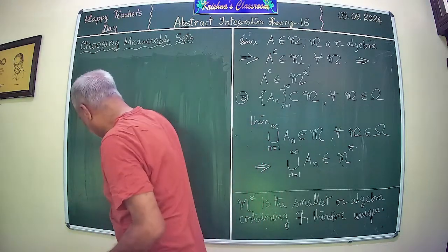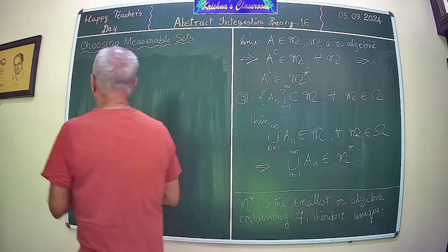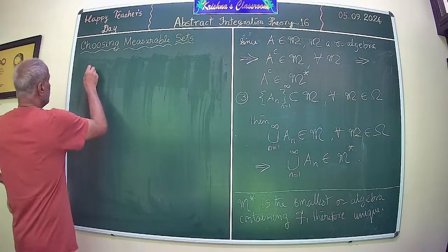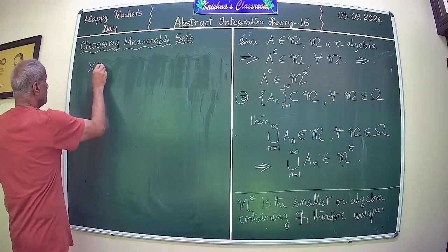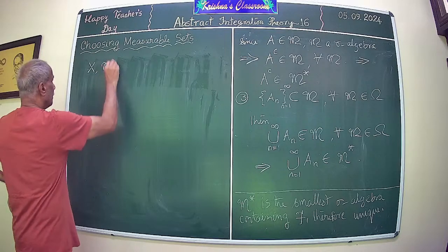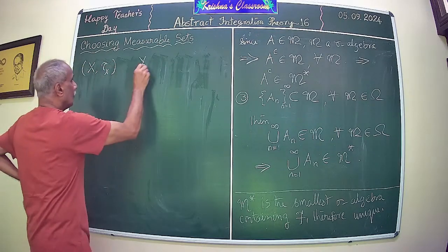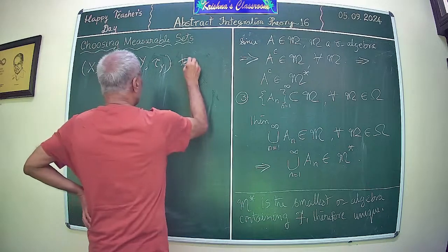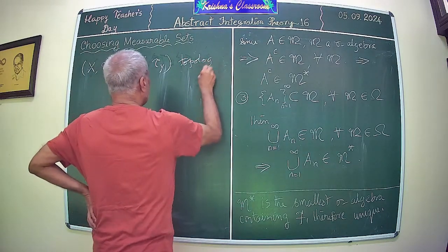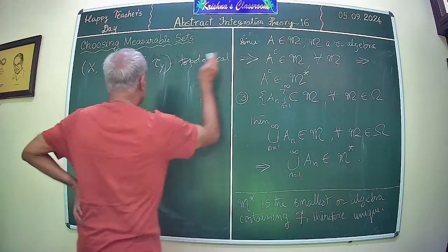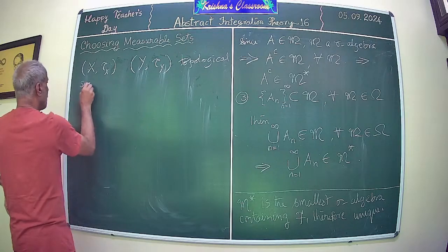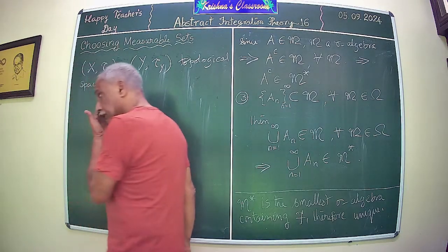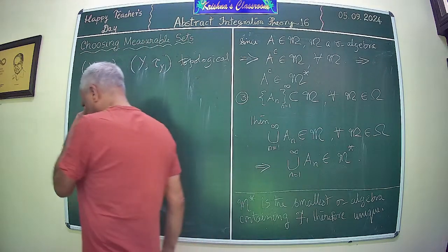Now recall the following result. Suppose you have two topological spaces. Then we can talk about continuous functions. It's a large class of functions.